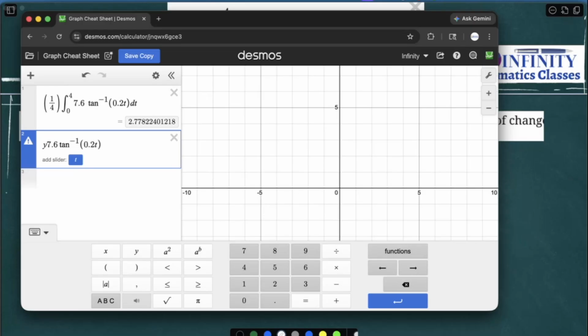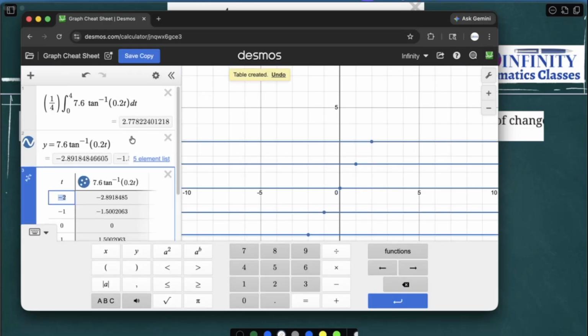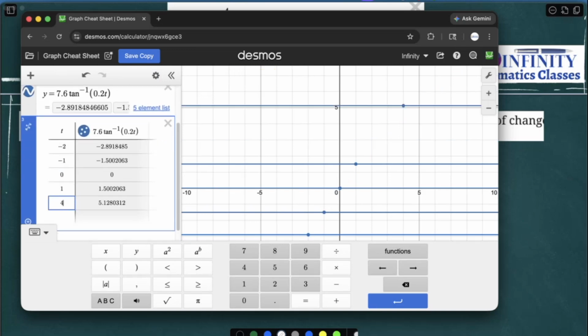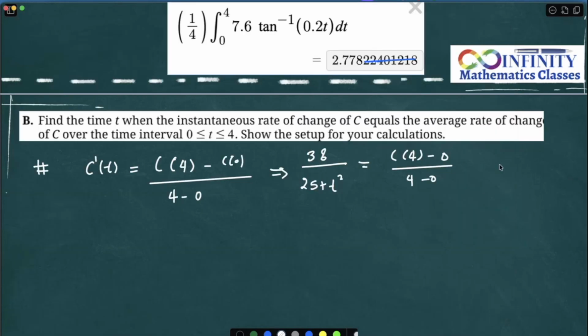Let me choose y equals this function, and I will try to get the values of this function at two values: one is 0, another value is 4. Can you please check? At 0 you have 0, and at 4 you have the value 5.128. Yes, so I'm writing this value here.